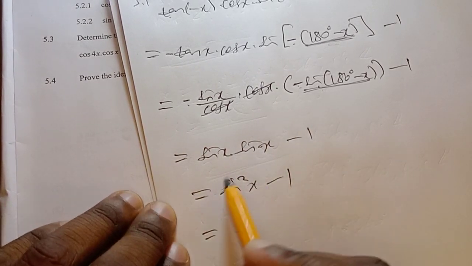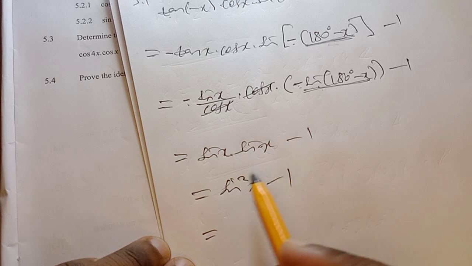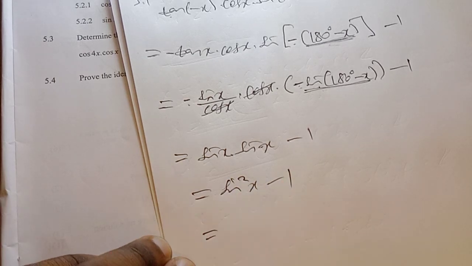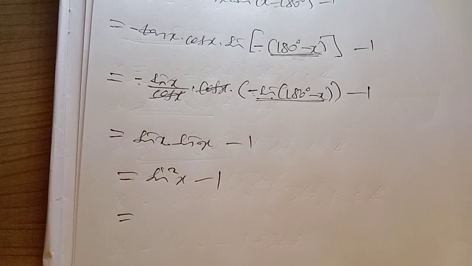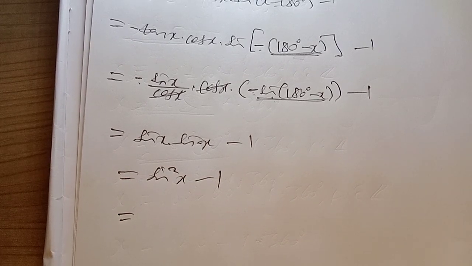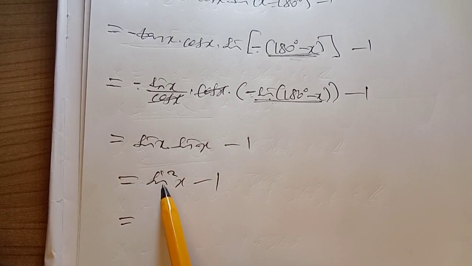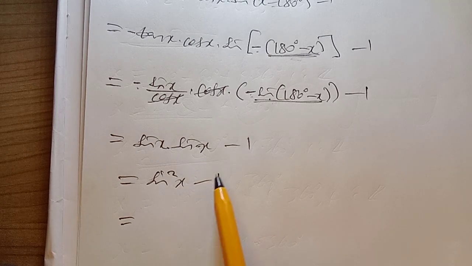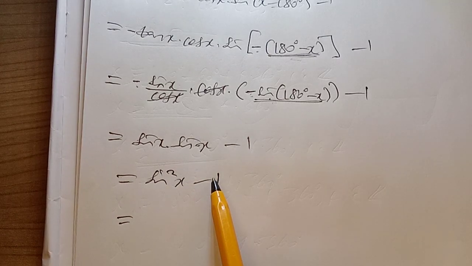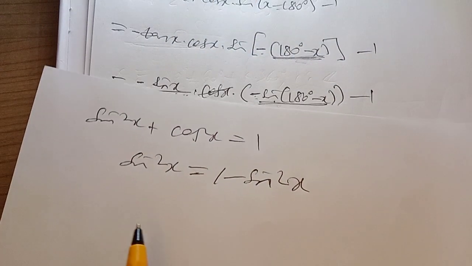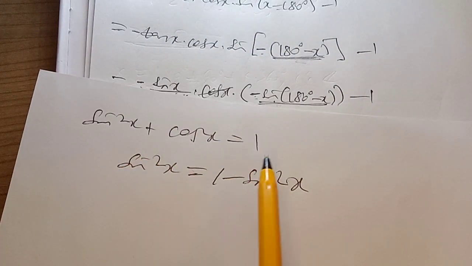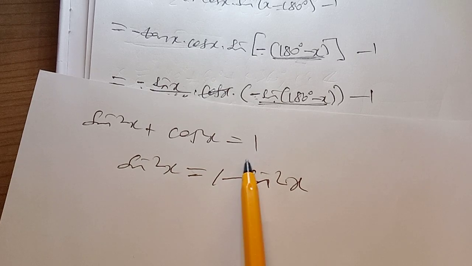This one here also looks like the identity. When it comes to this one, we can choose to replace the sin squared x or even the 1. Remember we have this identity, which says that sin squared x plus cos squared x must give us 1.